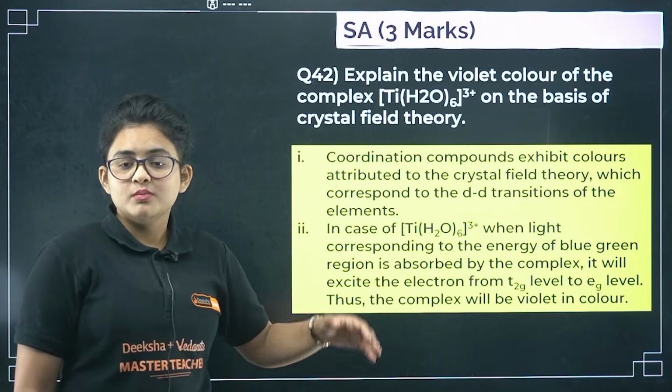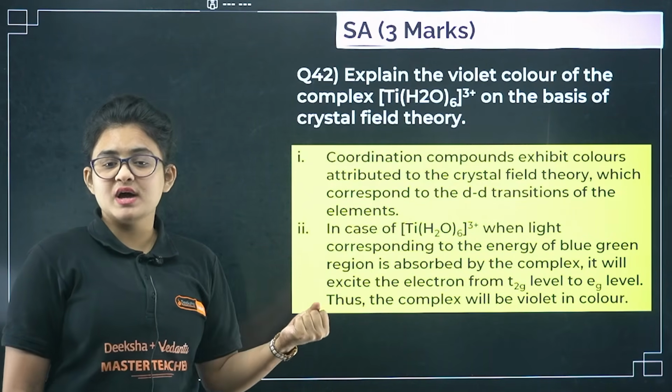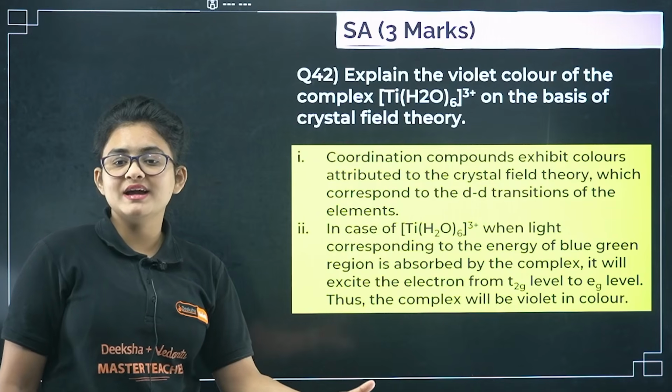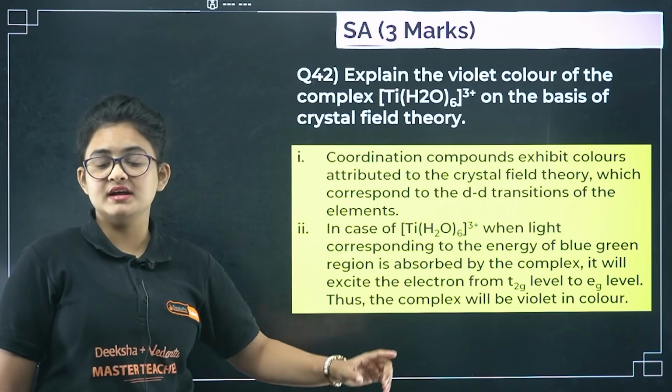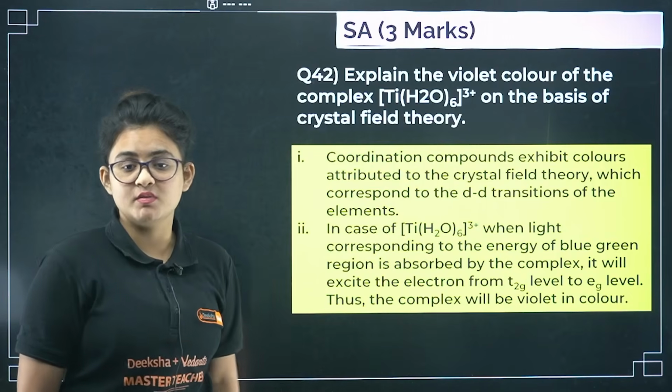If blue light is absorbed, then its complementary color is released. The complementary color is violet, that's why you see violet color from outside.